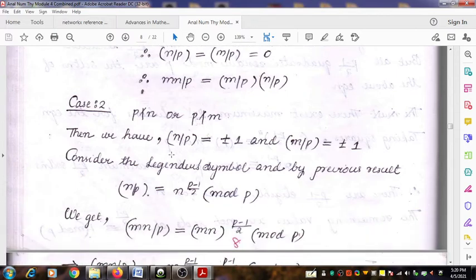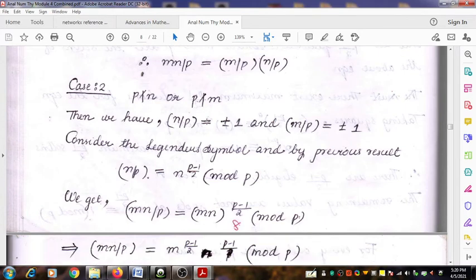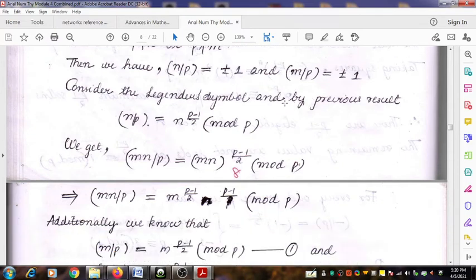Next we consider the second case: either p does not divide n, or p does not divide m. Then (n/p) equals plus or minus 1, or (m/p) equals plus or minus 1.